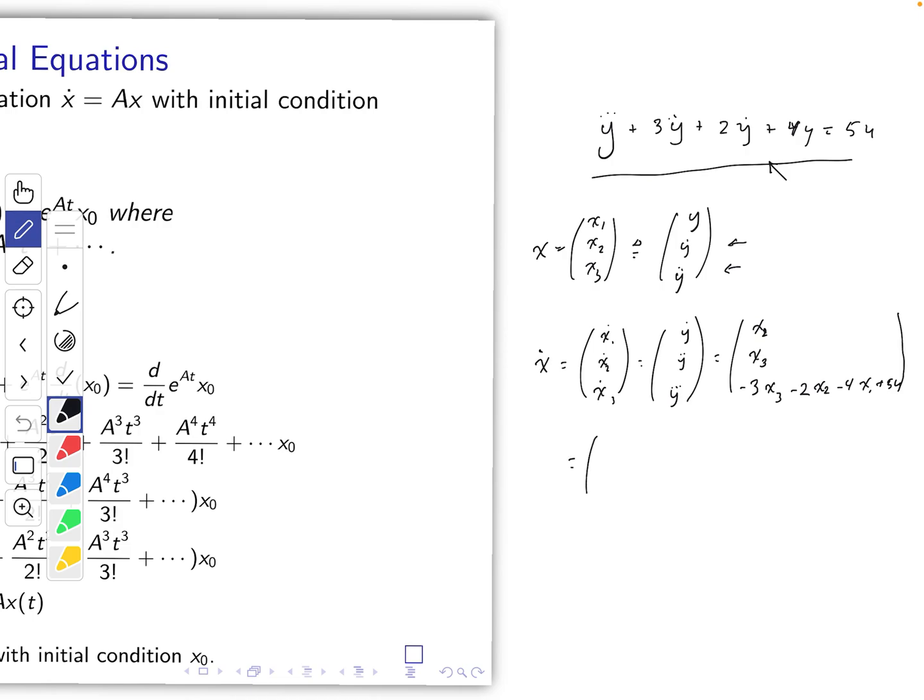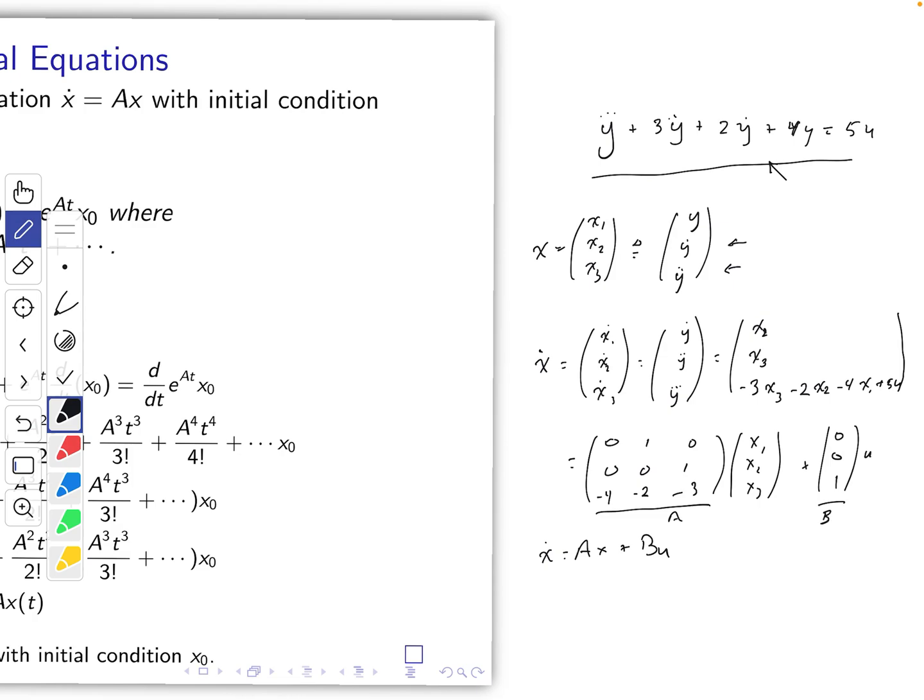Then I can write this equation in terms of a matrix times x1, x2, x3, plus a vector times u. The first row is 0, 1, 0, the second row is 0, 0, 1, and the bottom row is minus 4, minus 2, minus 3, with the vector 0, 0, 5 times u. We've now written this in the form x dot equals Ax plus Bu, where this is A and this is B.